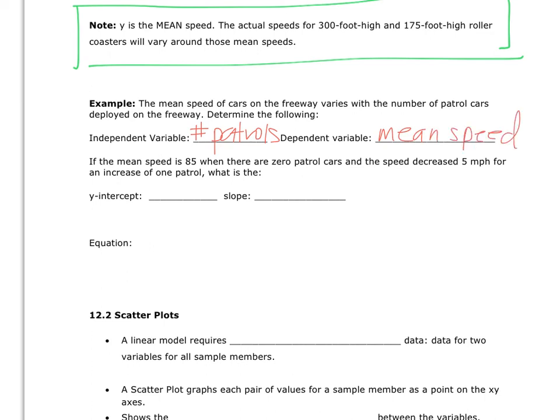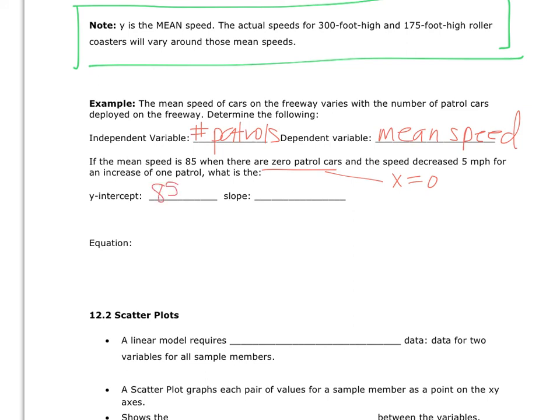So if the mean speed is 85 when there are 0 patrol cars and the speed decreases 5 miles per hour for an increase of 1 patrol car, what are the following things? The y-intercept. Well, when there are 0 patrol cars, that means x equals 0. The mean speed is 85. That gives us exactly what the y-intercept is. So the y-intercept in this case is 85.